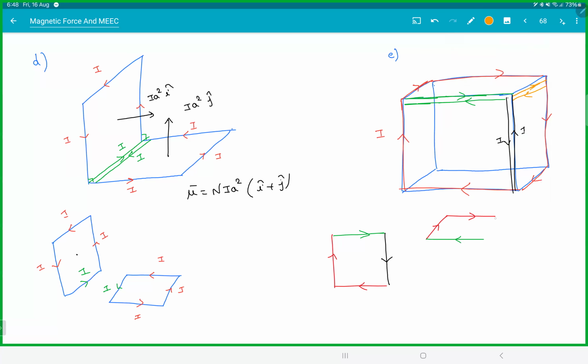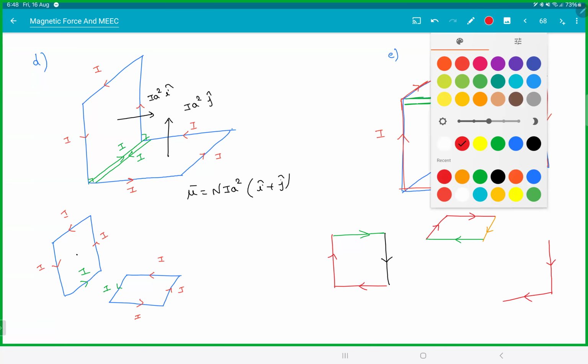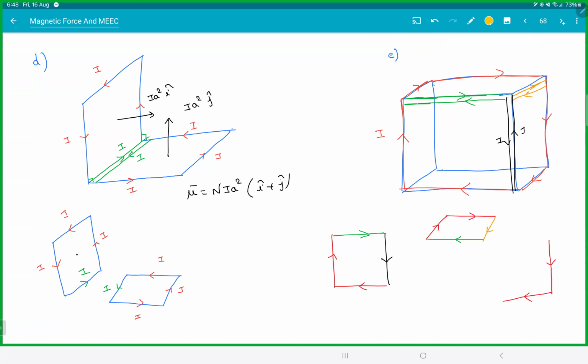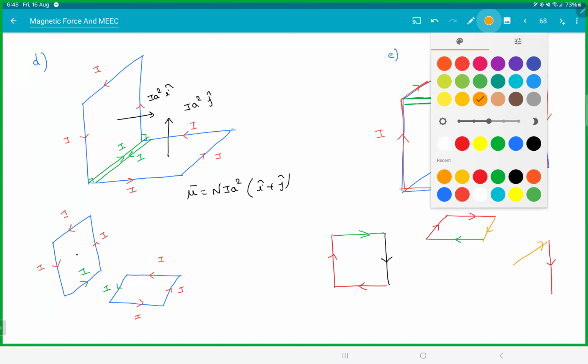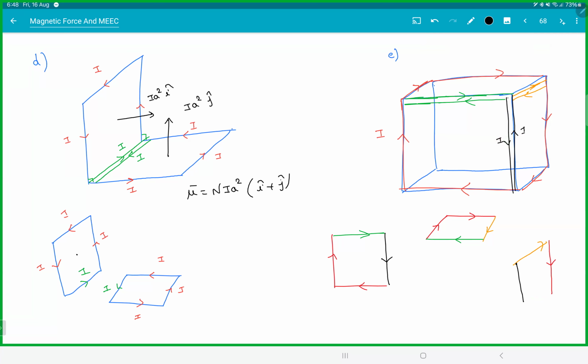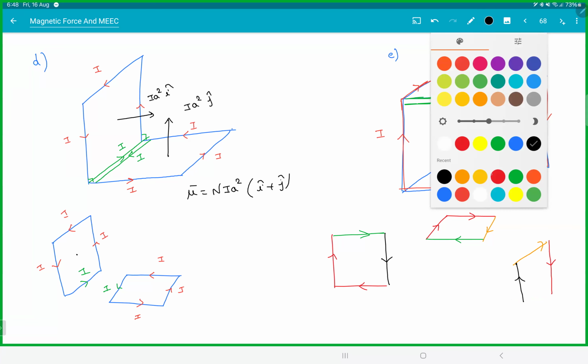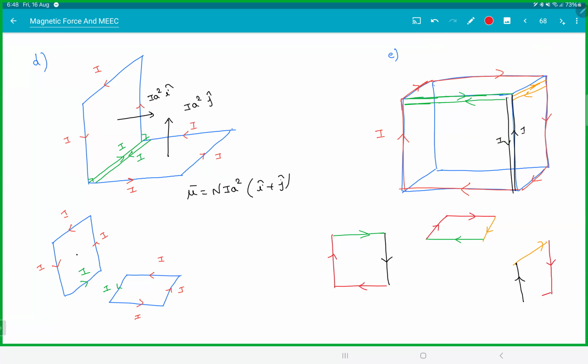This is constructed by that orange one. Then this side one is not cancelling, I guess. We have to use that orange one again. And there is a black one. Yeah, they're not cancelling out.